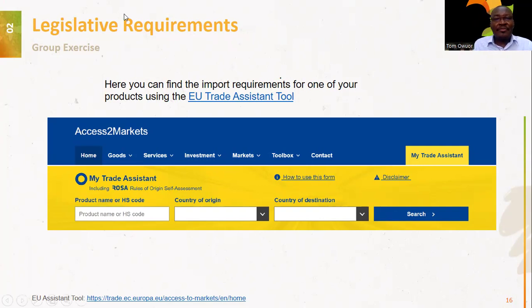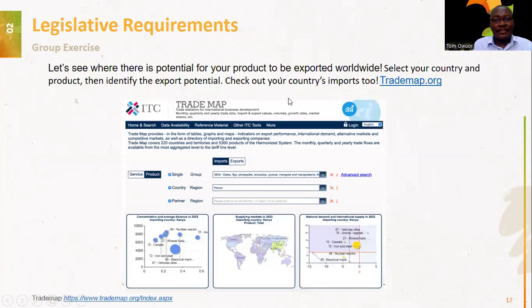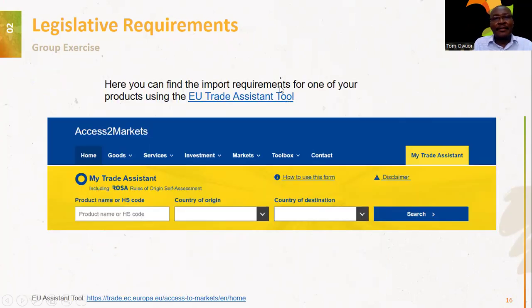So allow me to stop sharing, and then just demonstrate how you can use this portal to capture some of the very important information in terms of the tariffs for the various markets and the various products that we do.